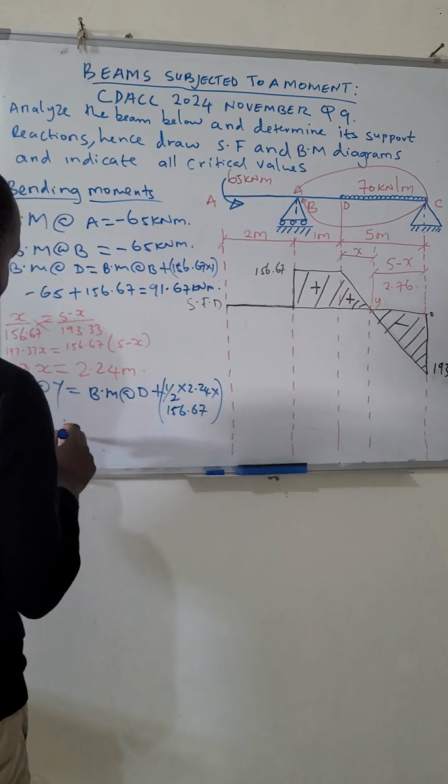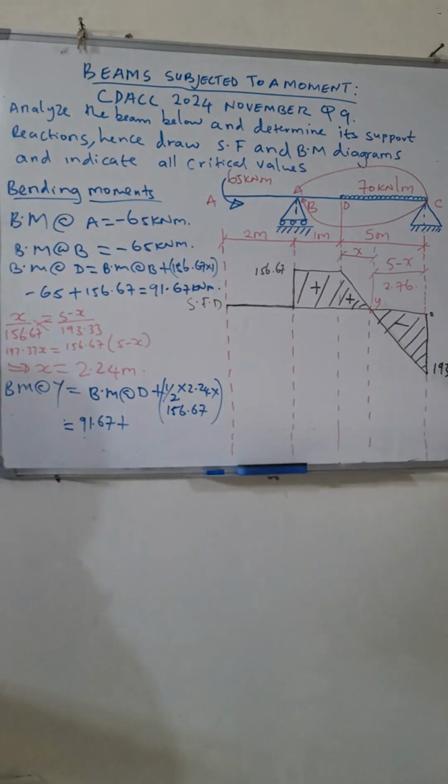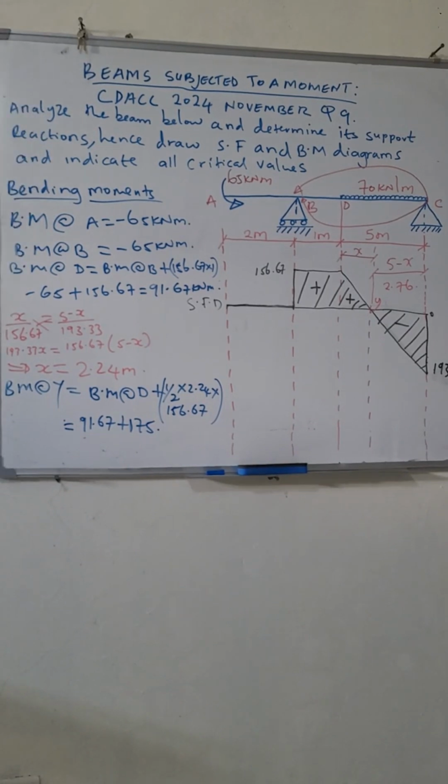So this one will be 91.67 plus, take your calculator, 175.47.